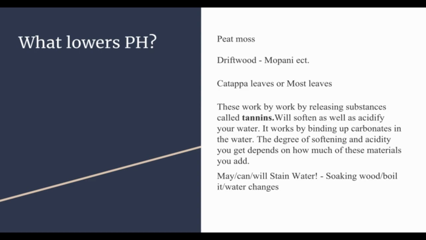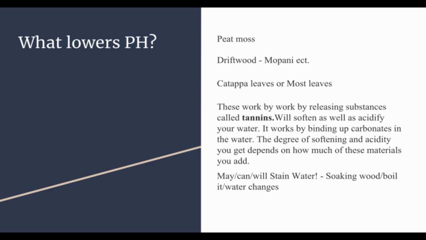Peat moss, driftwood, mopane, leaves, any type of leaves, because they release tannins. And right there, it will soften as well as acidify your water. I'm not going to get into all the technical terms, but you can read it there.